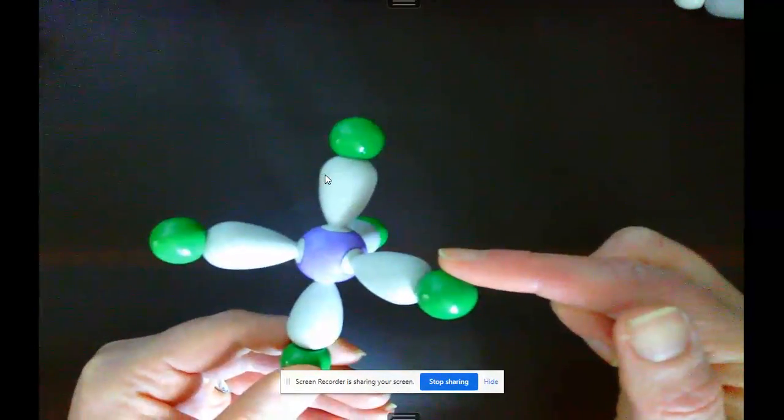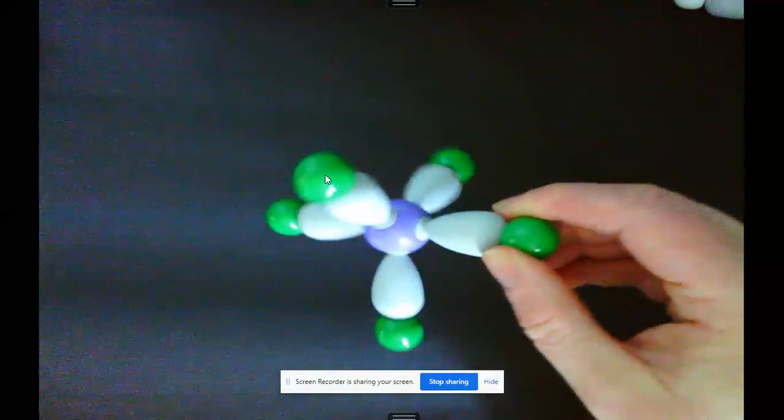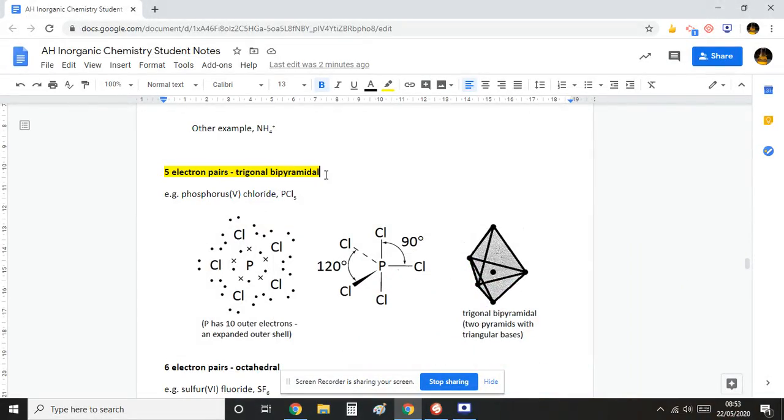So there are 2 different angles in this structure, 120 and 90 degrees. That is a trigonal bipyramidal arrangement. That happens with 5 electron pairs.